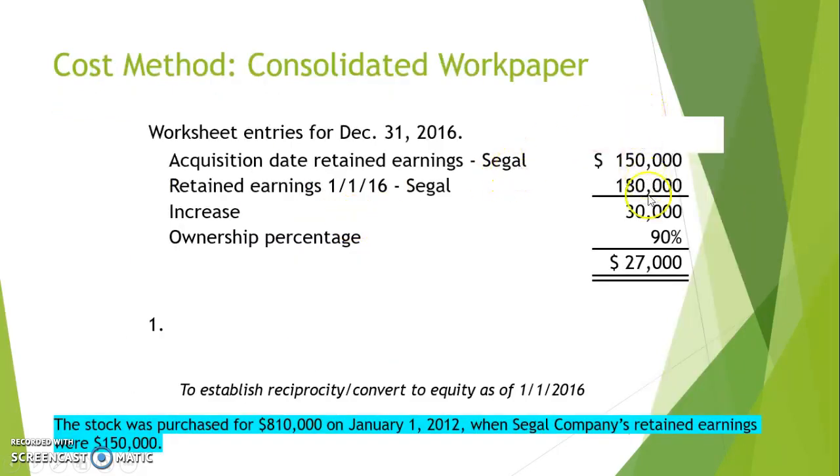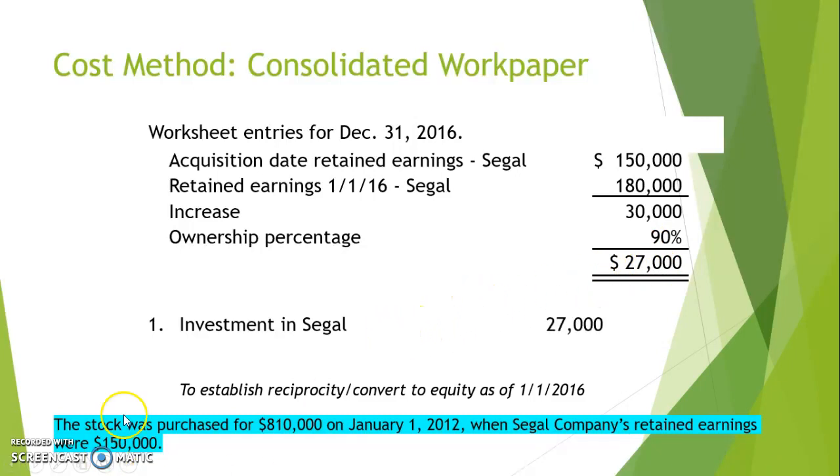So we therefore recognize that the increase in retained earnings post-acquisition is now $30,000, which is $150,000 taken from $180,000, of which 90% of that belongs to the parent, which amounts to $27,000.